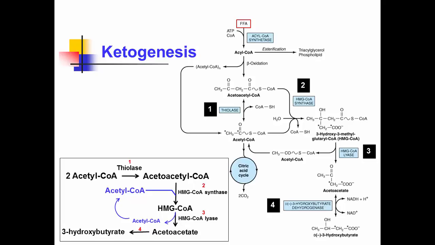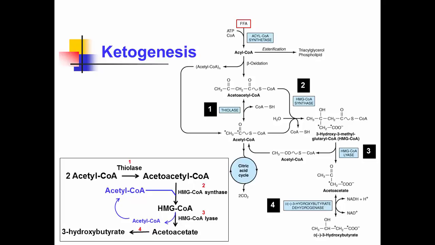So this is a simplified version of the synthesis of ketogenesis. First of all, two acetyl-CoA molecules generate acetoacetyl-CoA by an enzyme called thiolase.